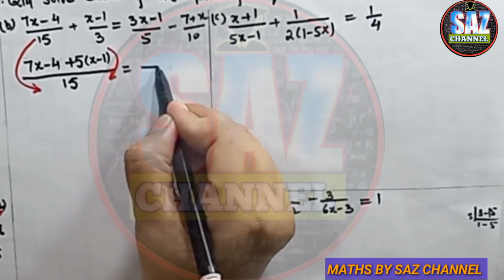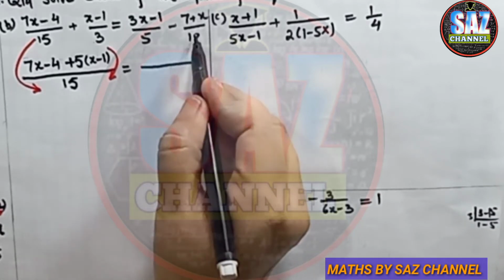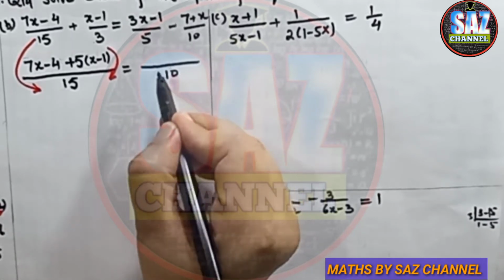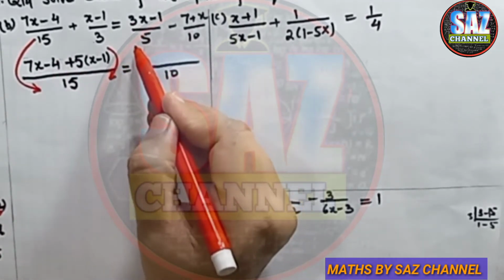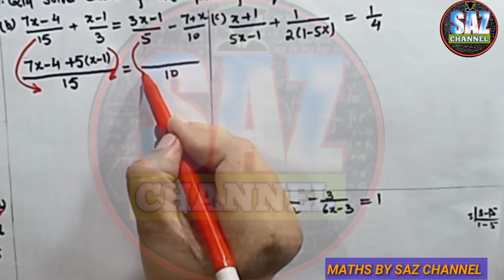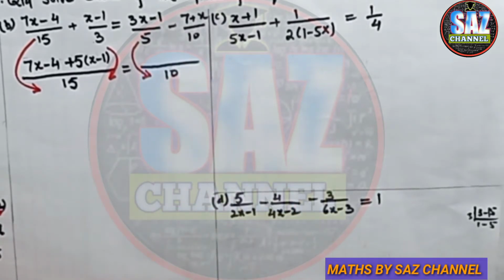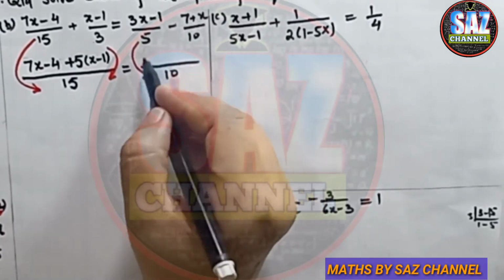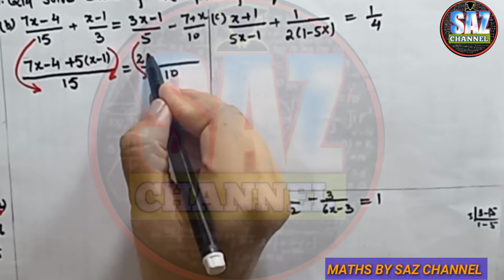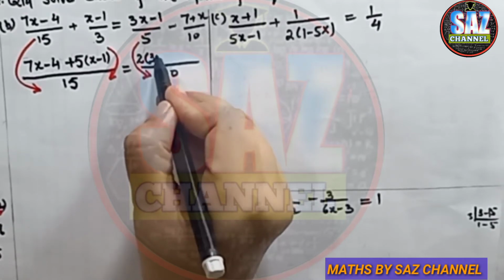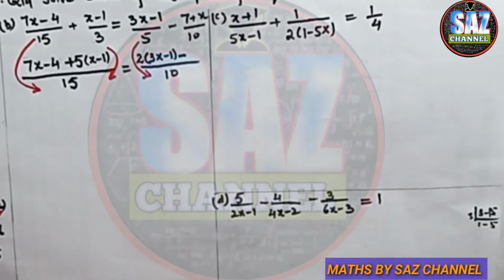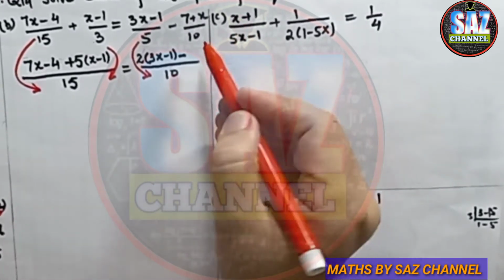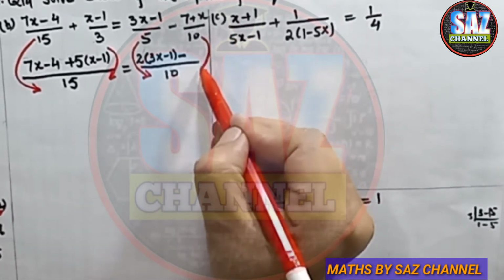Moving to the right hand side, the denominators are 5 and 10. The LCM will be 10. Now go back to each fraction one by one and see. The first denominator is 5 but the LCM is 10. So it has the deficiency of 2. So that 2 will be multiplied with the numerator 3x minus 1, minus, then the denominator is 10 and the LCM is also 10.